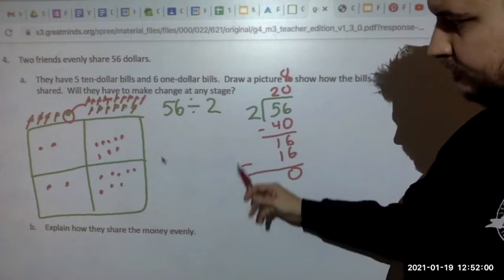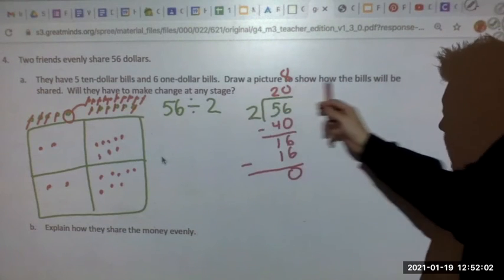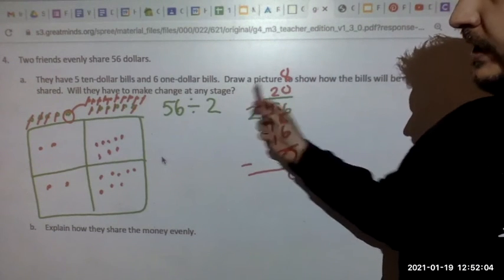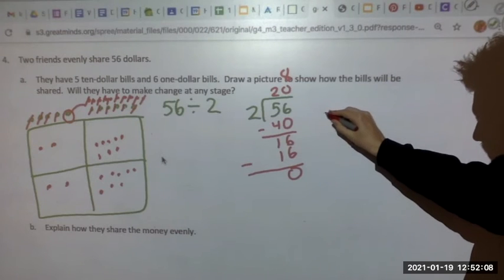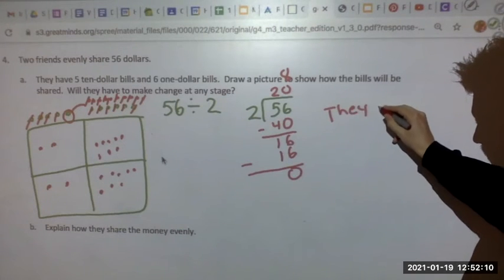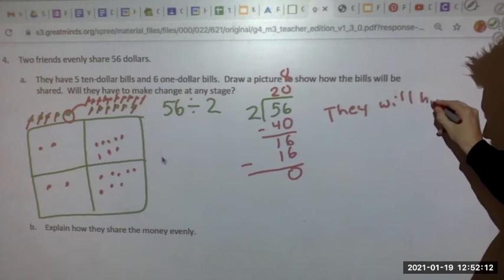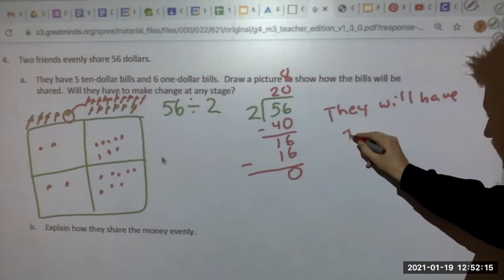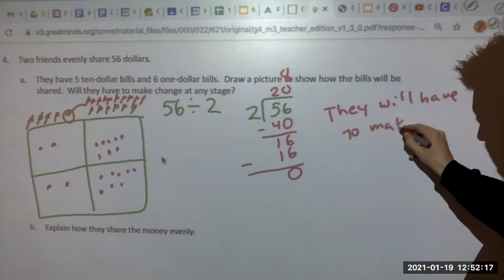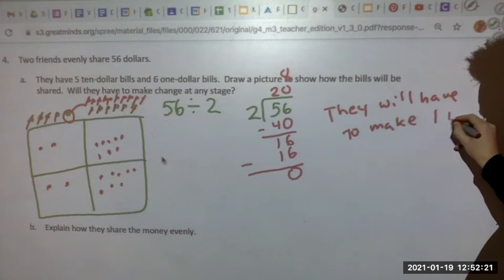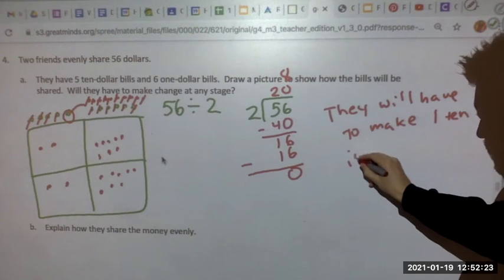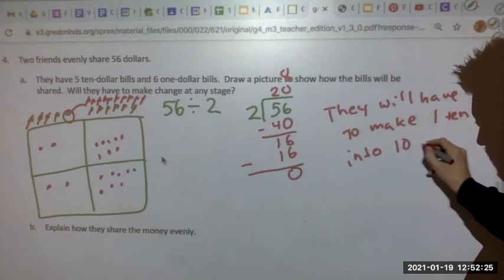So it says, will they have to make change at any stage? We got to answer that question. They will have to make change for a 10 into 10 ones.